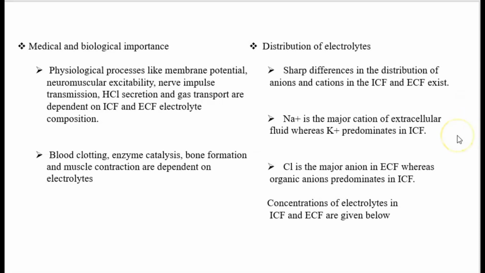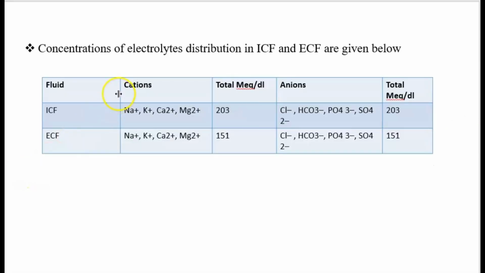Now that will help us to proceed to look at this table. This table is going to help you to explain it better. Look at the concentration of electrolyte distribution in both the intracellular and the extracellular. Look at it. In the intracellular, we have what?